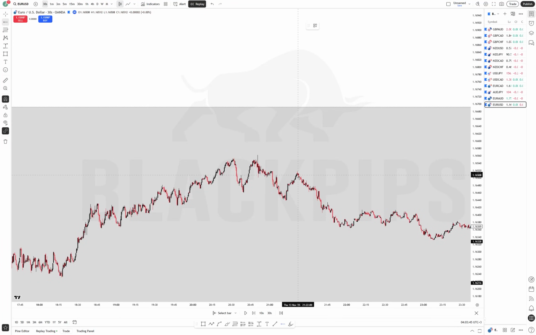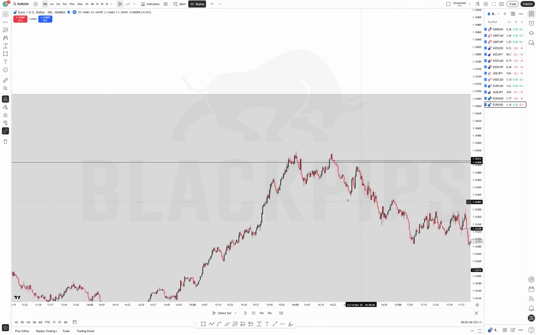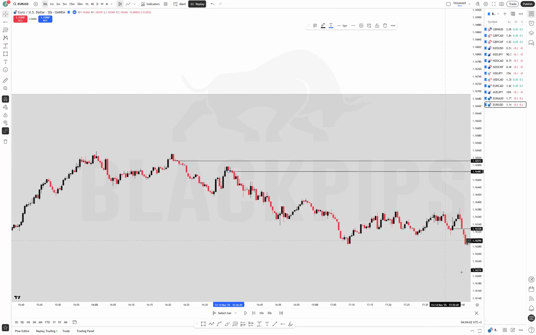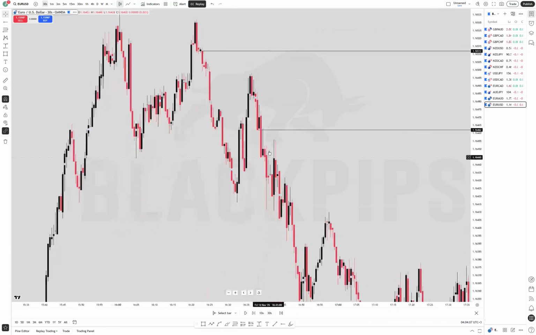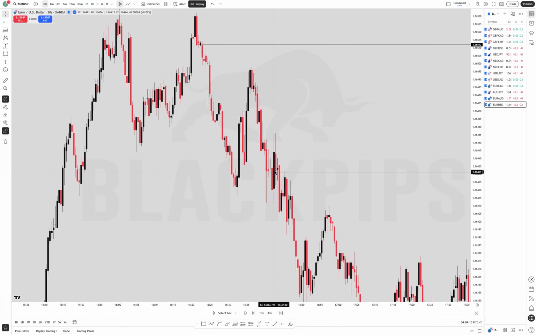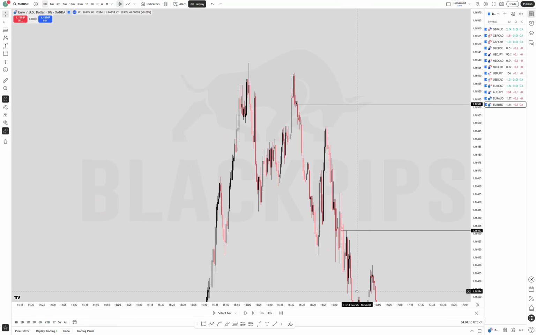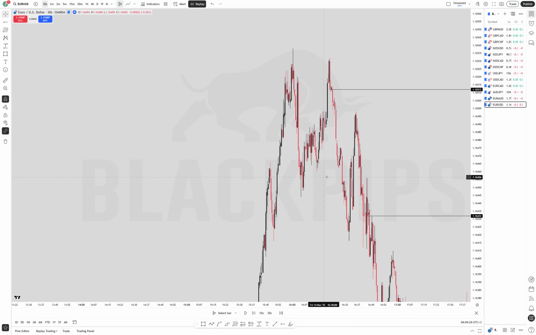Maybe this one, I think it was already taken. Yes, this was already taken also. This one was not yet taken. This one, let me see, this was taken, this was taken, this one was taken. So I think the only liquidity that we can have here is that one. Let me see. Yes, that is the only liquidity that we can use.